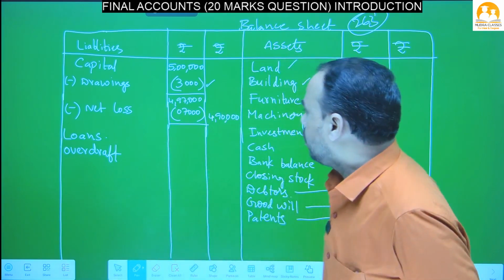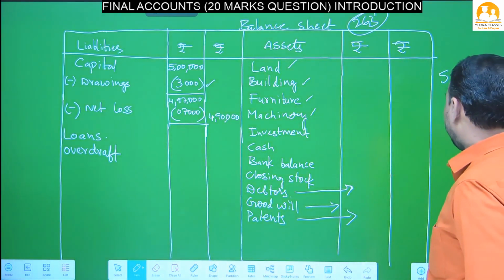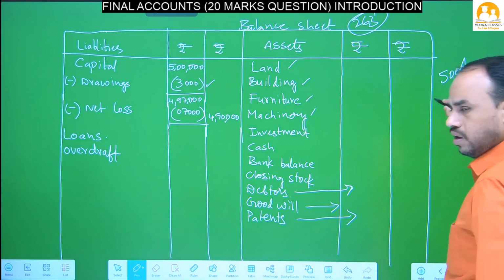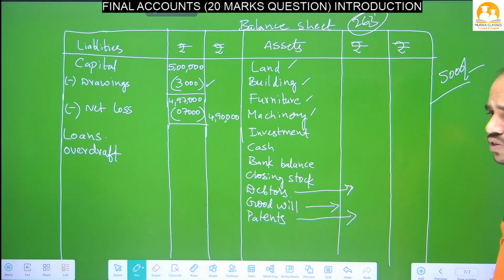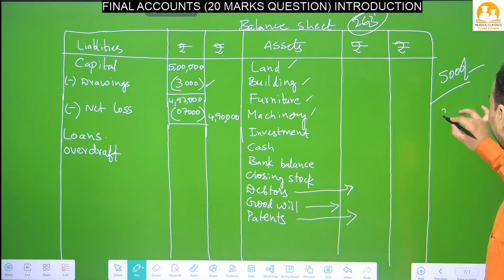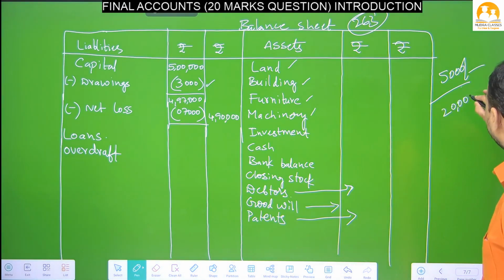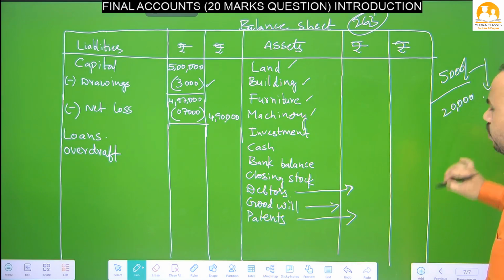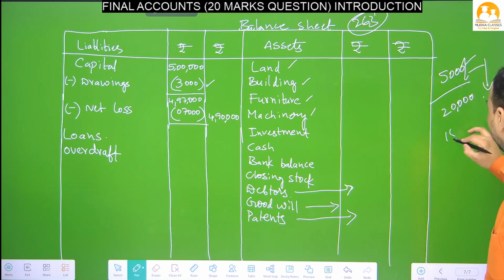For example, if you have 5,000 rupees balance in your account but you withdrew 20,000 rupees, this is called overdraft. How much extra did we withdraw? You have 5,000 balance, 20,000 minus 5,000, 15,000 extra amount you withdrew from the bank. This 15,000 is called overdraft.